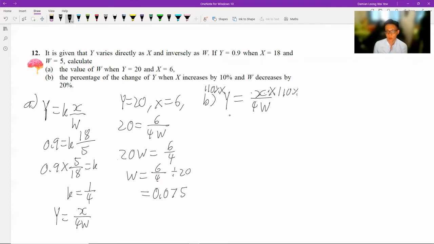It will change the same way because it varies directly. W decreases by 20% means I times 80%. It will become 80% of the original value. But the W here is decrease, means it's the opposite. So on the other side, if I times below means divide by 80%.